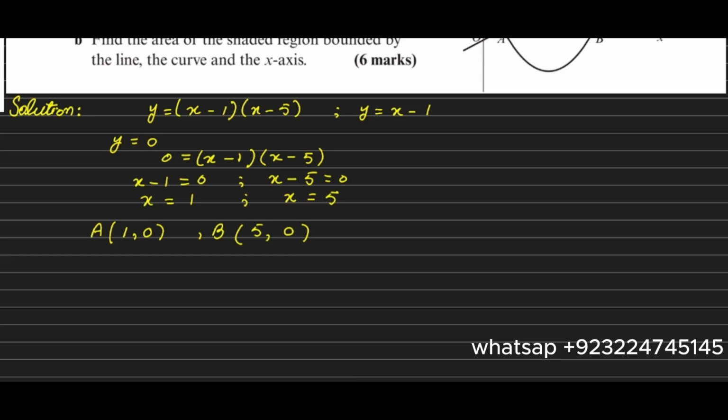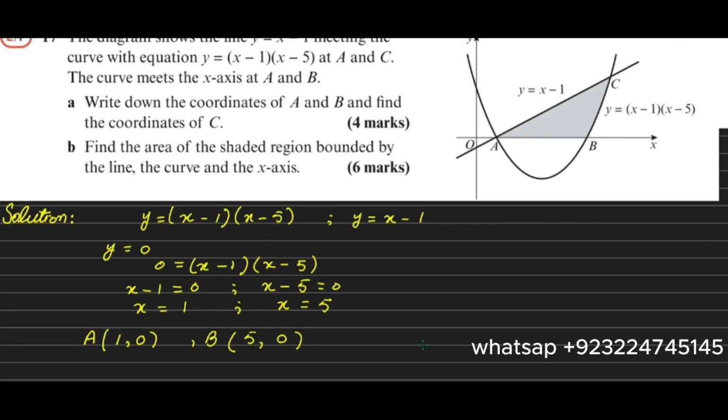Now to find the coordinates of the point C, as we can see, the point C is the point of contact of the line y equal to x minus 1 and the curve y equal to x minus 1 into x minus 5. So we have to find the point of intersection C. To find it, we will equate the equation of the line and the equation of the curve.